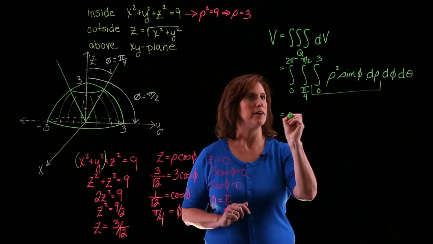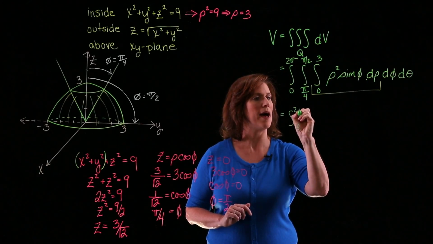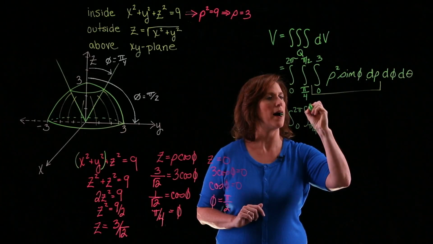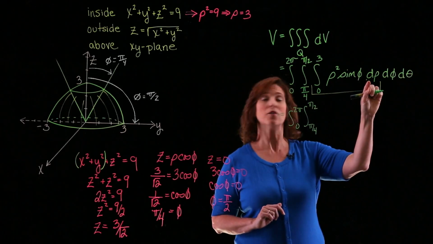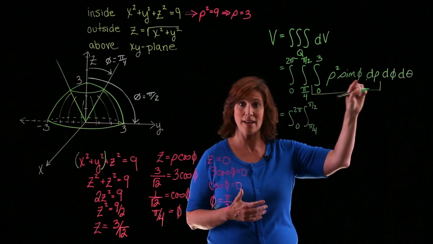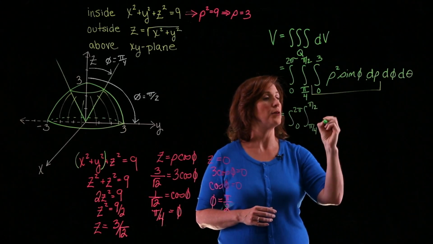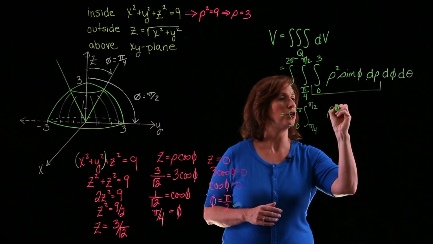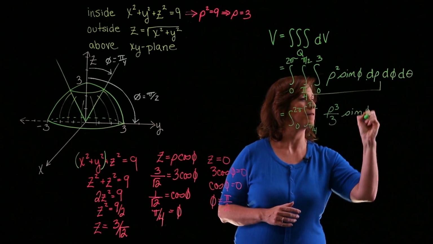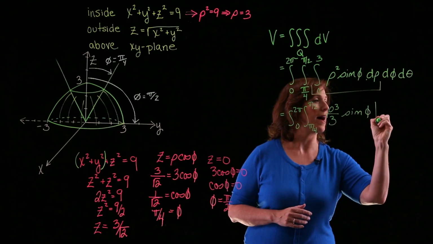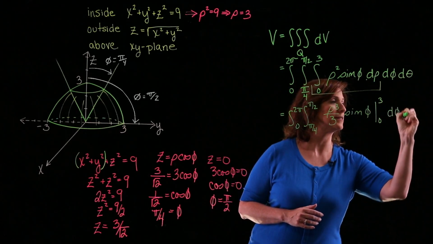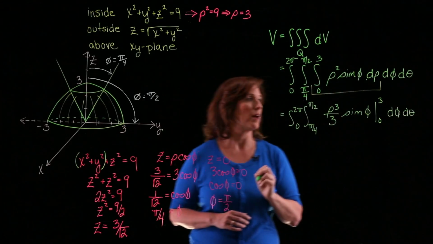Now I'm ready for the inside integral. I'll have the integral from 0 to 2 pi, the integral from pi over 4 to pi over 2. Integrating with respect to rho, I'm going to treat phi like it's a constant, which means the sine of phi is a constant as well. So the integral is just rho cubed over 3 times the sine of phi, evaluated from 0 to 3, and I still have d phi d theta.